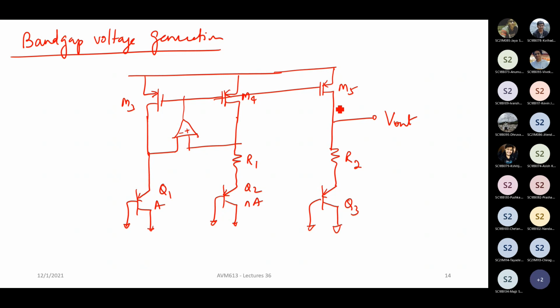Now, how is this possible? Because the current that is flowing through here is a PTAT current. And therefore, how can you write this Vout? Vout can be written as the mod of VBE3, because it's a PNP transistor, plus this VT.